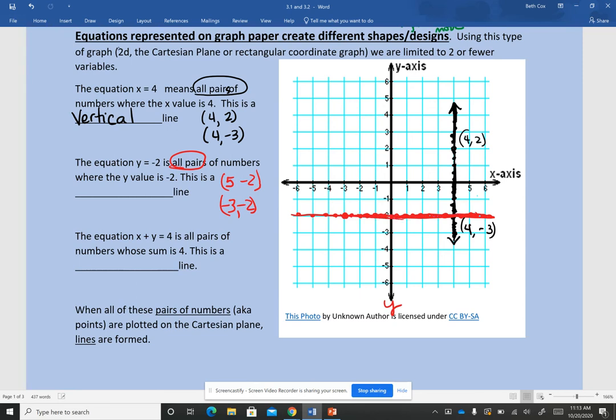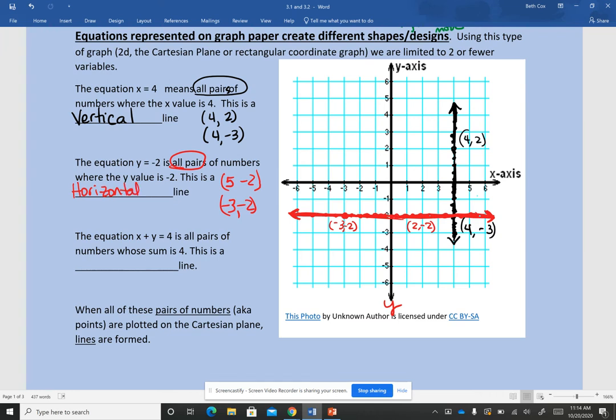All doesn't mean 2. All means all. All pairs of numbers, hence the arrows. All pairs of numbers where the y value is -2. This is -3, -2. This is 5, -2. Okay. This is a horizontal line.